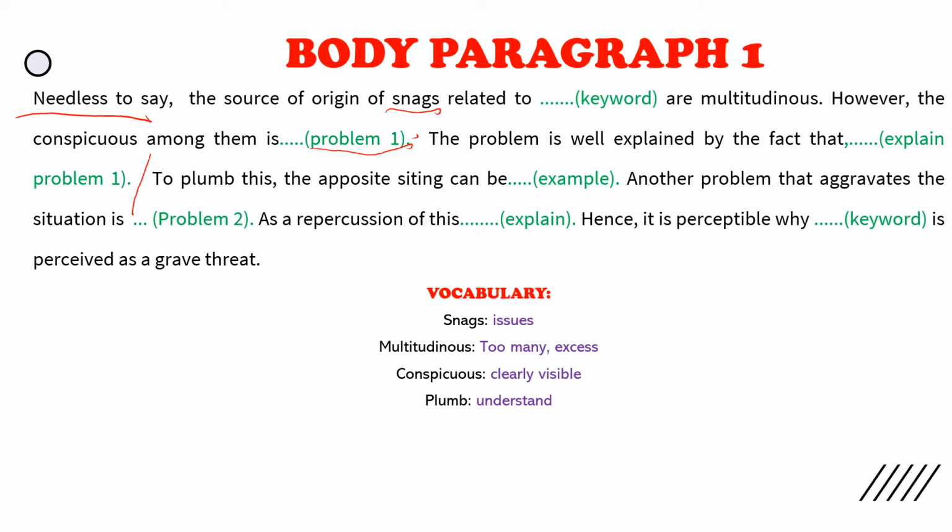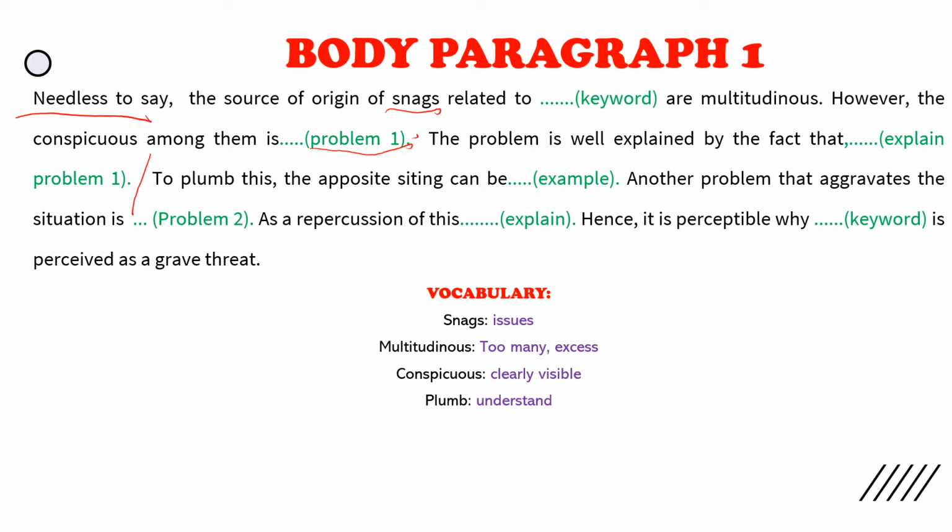The problem is well explained by the fact that traffic congestion is leading to air pollution, which is leading to breathing problems, or leading to people not having enough time to reach their place. Whatever explanation you feel fits your problem, you are going to explain that.